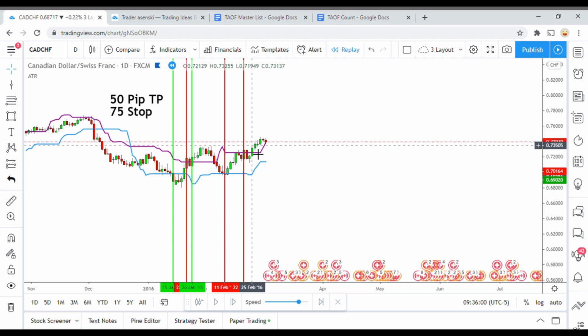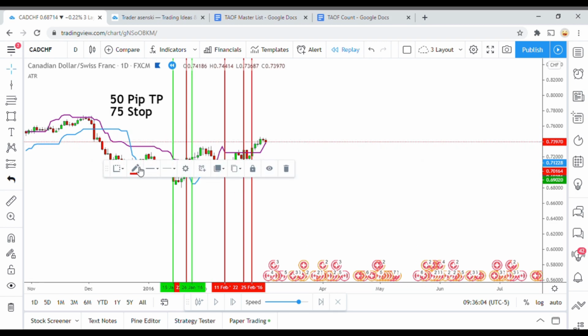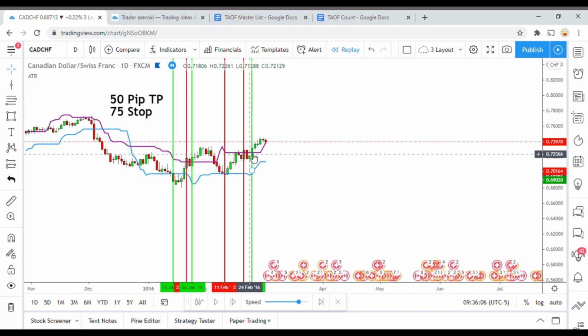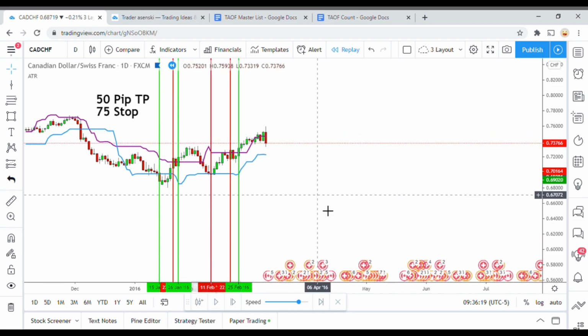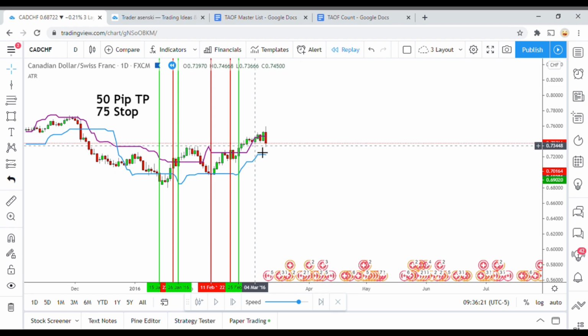But then here broke up above one more time, and again that one would have gotten us to take profit. So similar to what happened back here, fake out on the first one, then it spiked up above and actually took off.